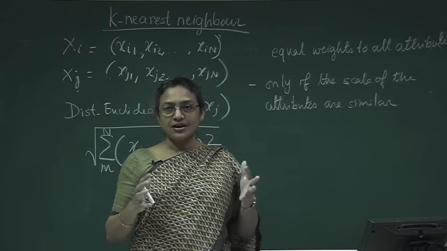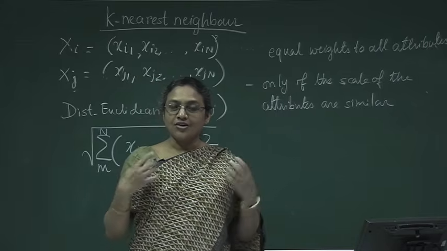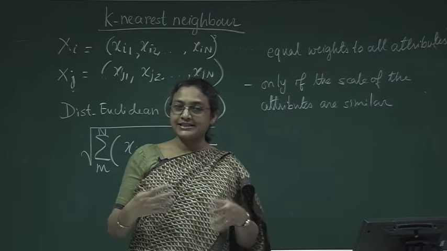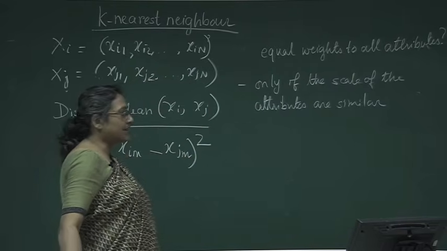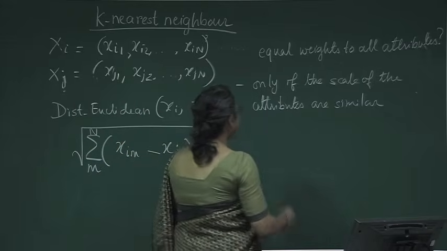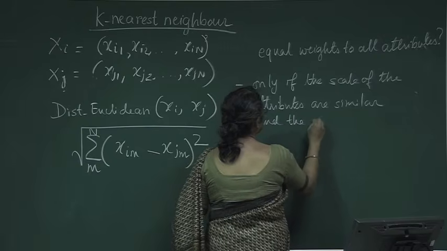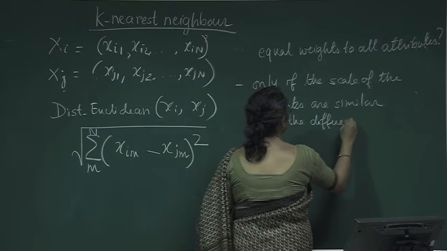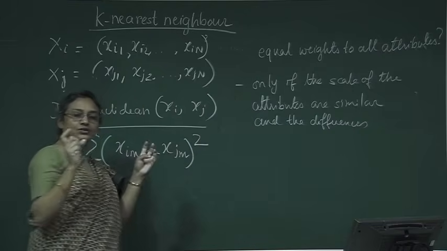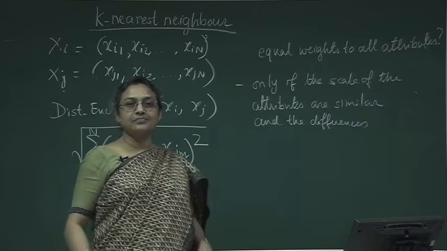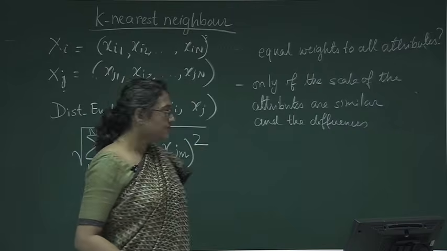Depending on what scale you use, an attribute will contribute more or less to the distance. So, if you are giving equal weights, you are assuming that the scales of the attributes and the differences are similar. What do you mean by differences? This xim minus xjm, how different they are for different pairs of training examples. If that is similar, then only you can use equal weights.